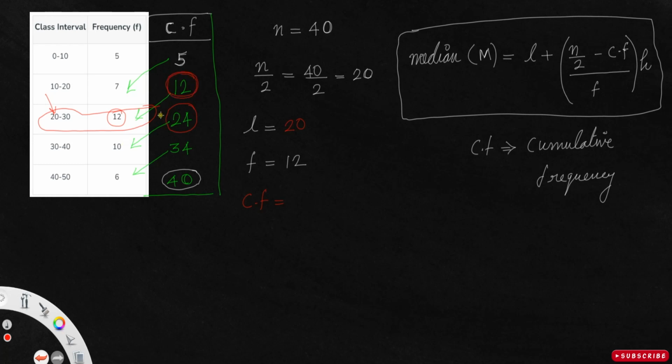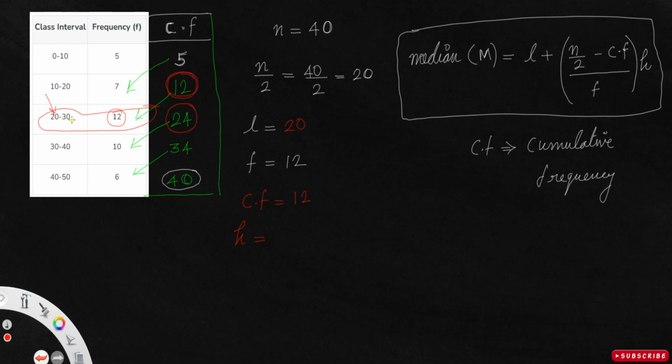Listen to that part carefully. That is, cumulative frequency is not 24. It is the cumulative frequency just behind that of the median class, that is 12. Okay, so 12.